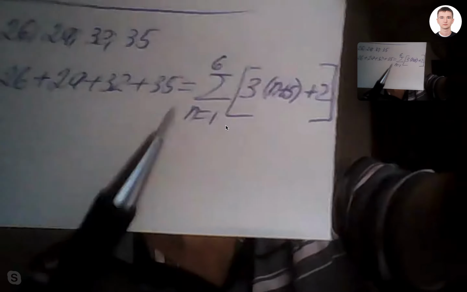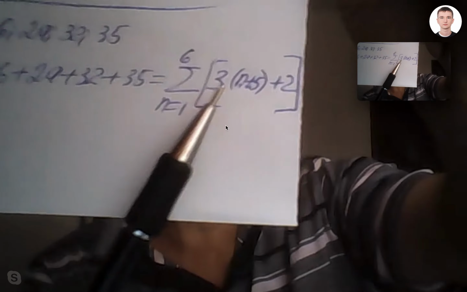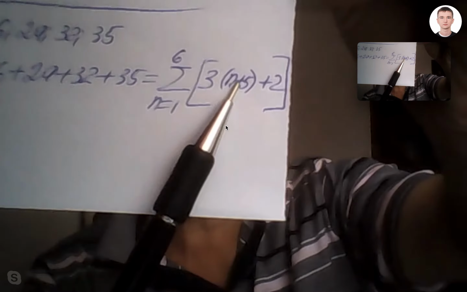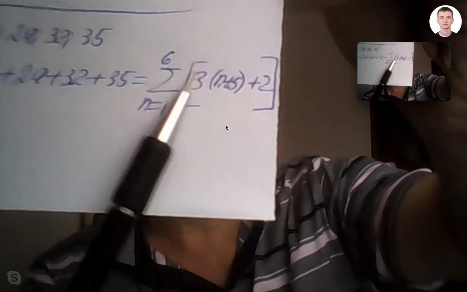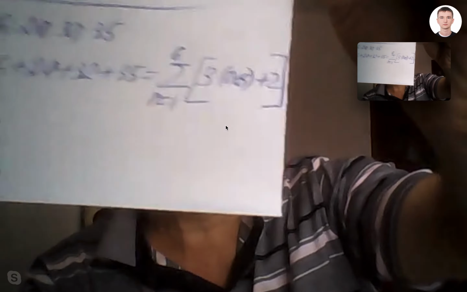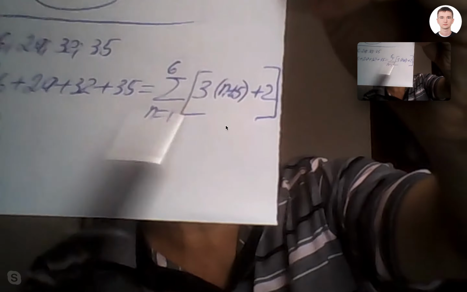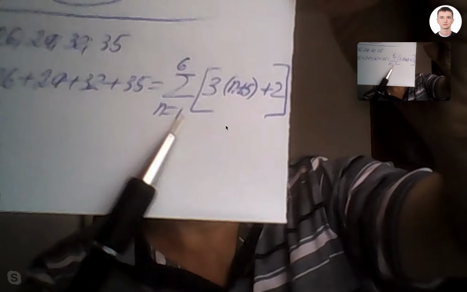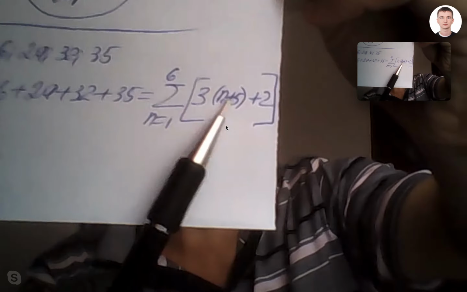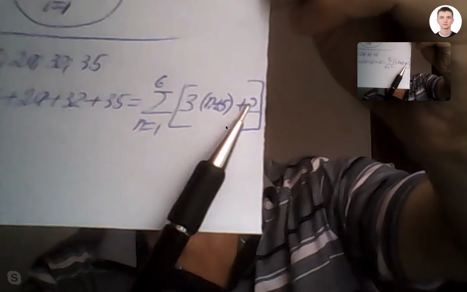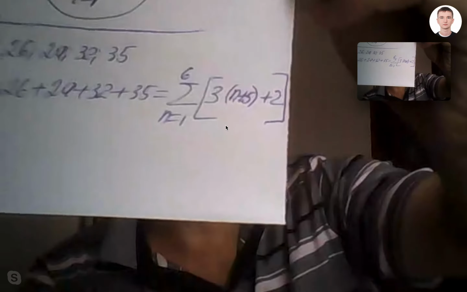Let's check whether it works. When n equals 1, we have in brackets 3 times (1 plus 5), which is 6. 3 times 6 plus 2 is 20. The next term is 23, so we plug in 2: 3 times (2 plus 5) is 3 times 7, plus 2 gives you 23.